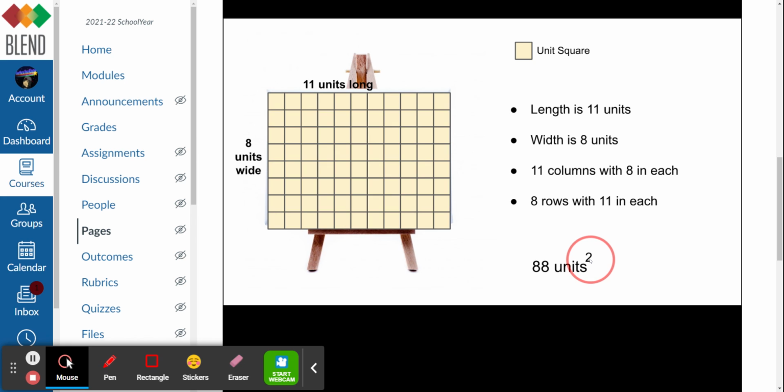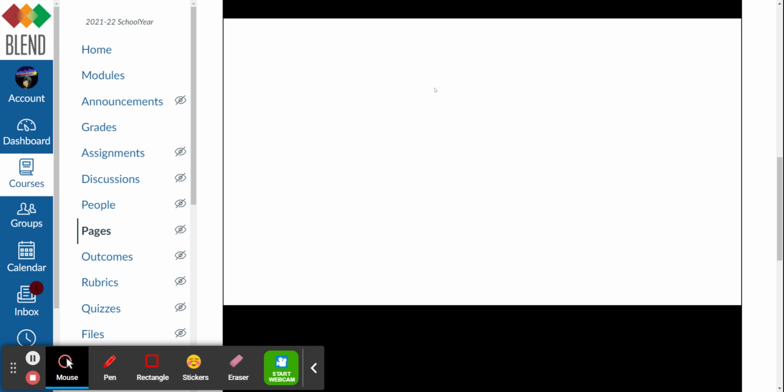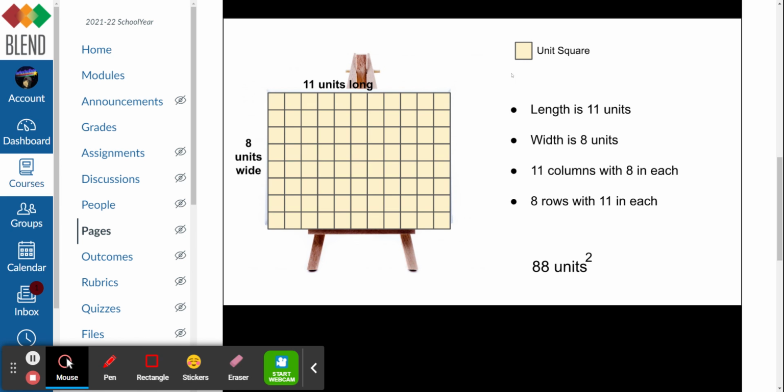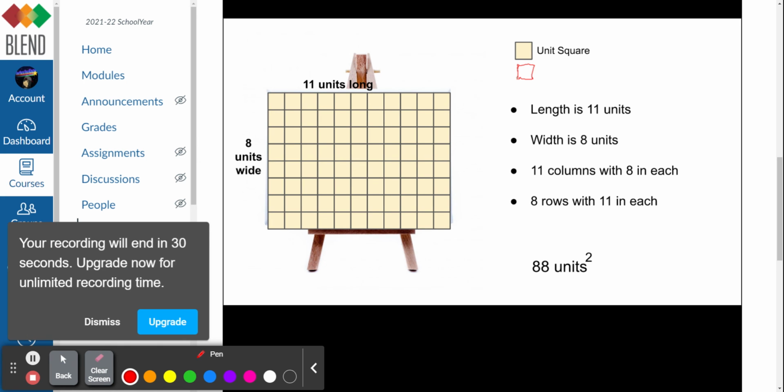This little 2 is an exponent, and that means squared. That means we're talking about 1 square unit instead of just one line that is a unit long. So that's the difference. This is just 1 unit. This is a square unit because it's a unit by a unit.